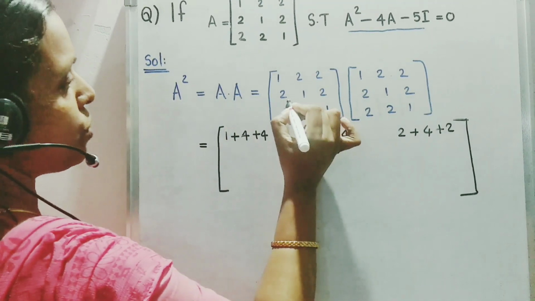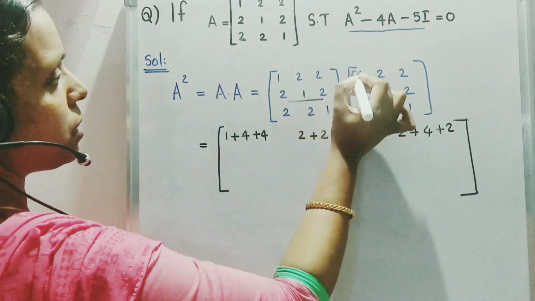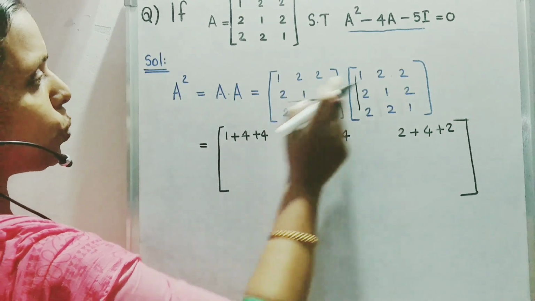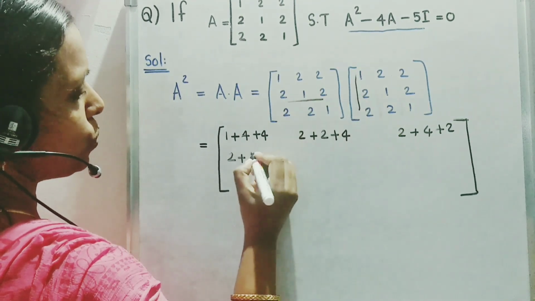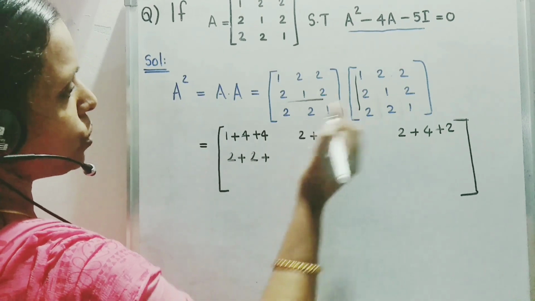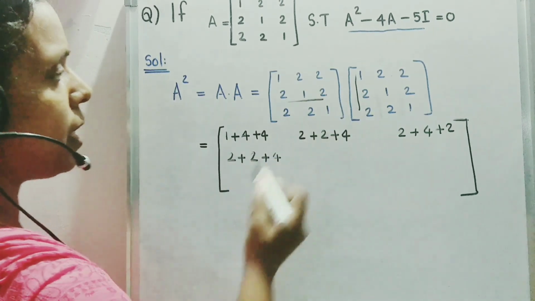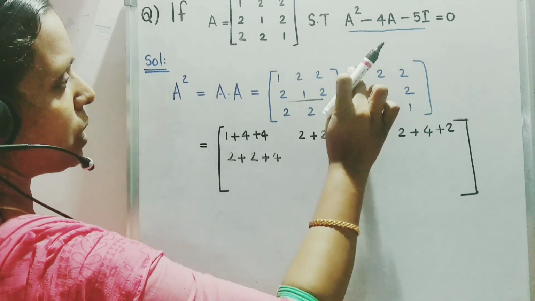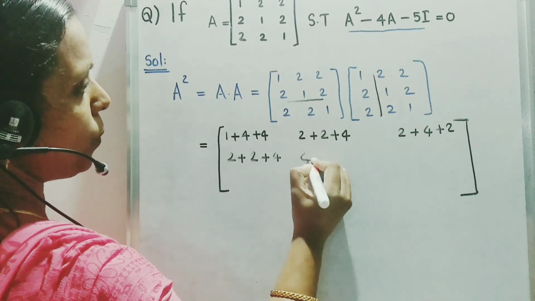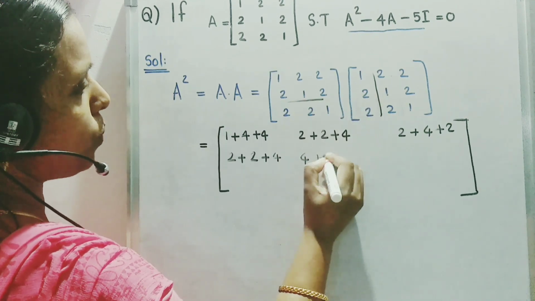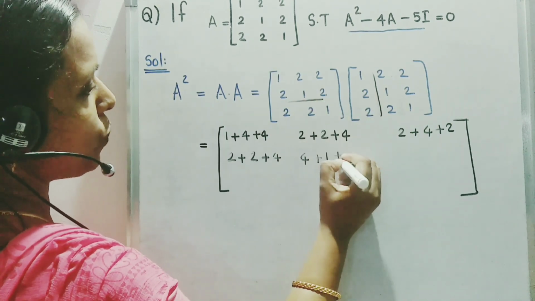Then take second row with first column. That is 2 into 1, that is 2, plus 1 into 2, 2, plus 2 into 2, 4. Next multiply second row with second column. Then 2 into 2 is 4, 1 into 1 plus 1, 2 into 2 plus 4.